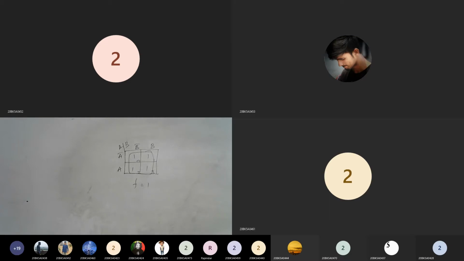Shall I go for the next one? Yes, ma'am. Take down the question. Reduce the following expressions using K-map.